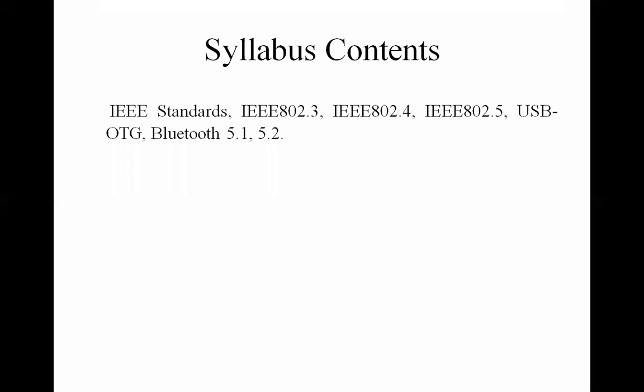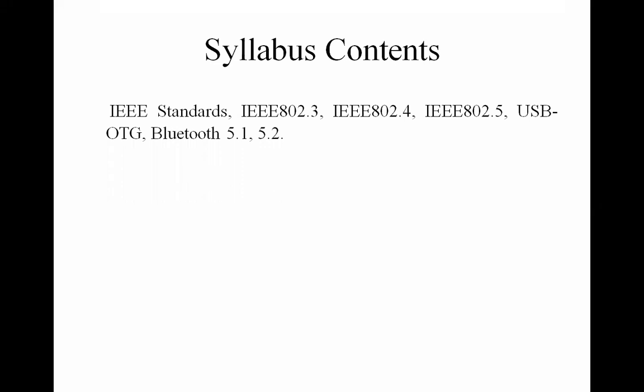What is the main functionality of IEEE 802.3? IEEE 802.3 works on Ethernet. What is Ethernet? On the backside of your laptop, there is an Ethernet connectivity. A small port is there on the backside of your laptop, called the Ethernet port.